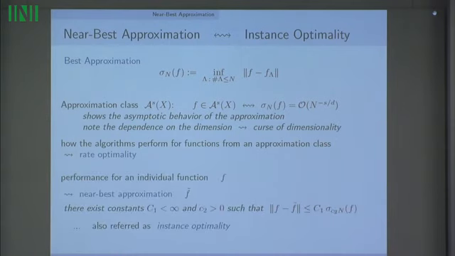We want to consider a near best approximation, in which the error is C1 times the best approximation, but not with exactly the same n, but with a slightly smaller number, because actually matching with the best n doesn't give us very good constants.